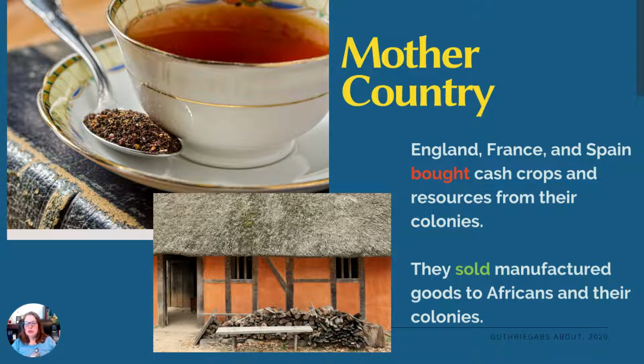You have fashion goods that are going to be produced, especially cloth, paper goods that are going to be produced. So there's so many goods that are produced in the mother country, good quality. The price usually isn't ridiculous. And so it's a lot easier to buy furniture from somebody in England than it is to take the time to make your own furniture, because you're just trying to build your own home at that point, right?